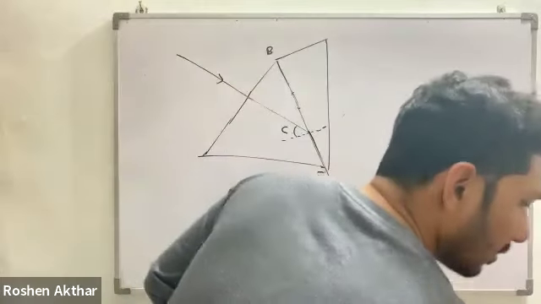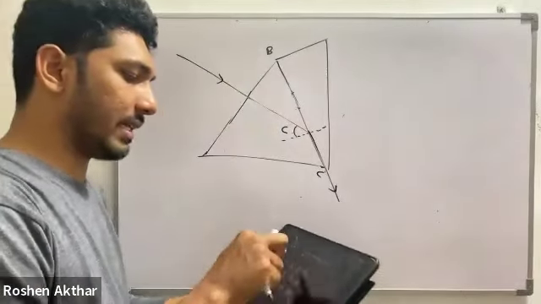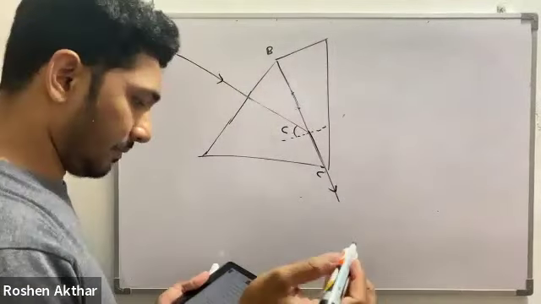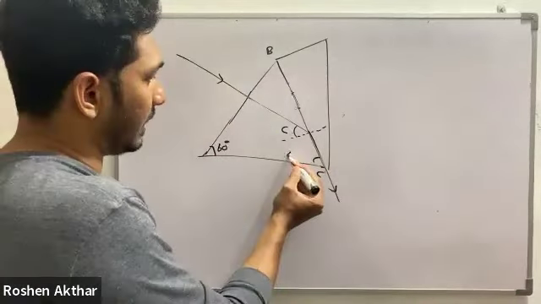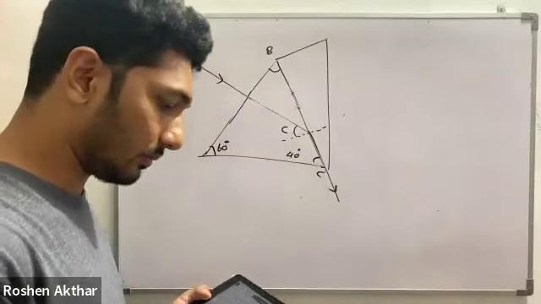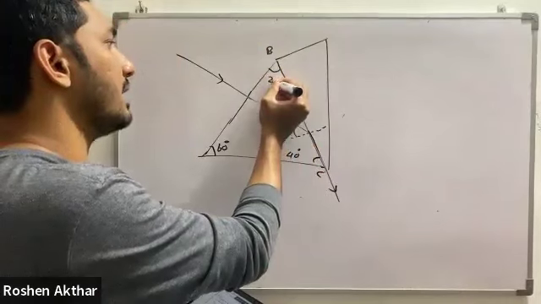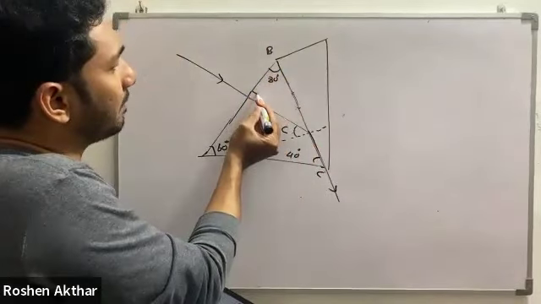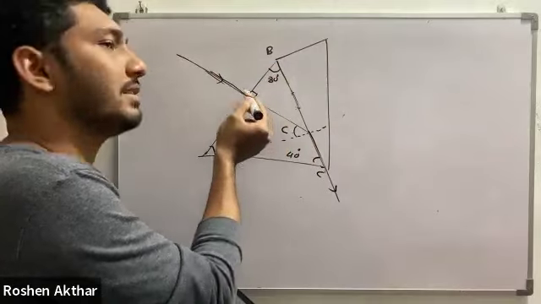So now what would be the incident angle? This is 60, this is 40. What will be this angle? Total should be 180, so it's 80, right? So it is 90, because the incident angle is 0.